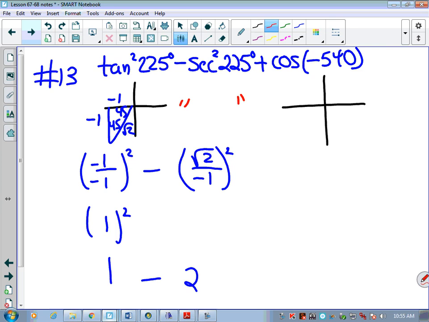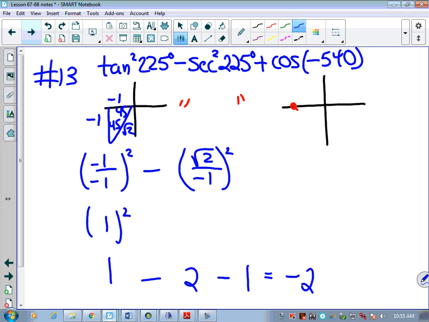So it's putting me right here, right? Cosine of that, well, cosine's my x-axis, correct? What does that represent on the x-axis? -1, right? So plus -1 or just -1. So we've got 1 minus 2 minus 1. Well, the 1's are going to cancel out, leaving me with -2 as an answer.